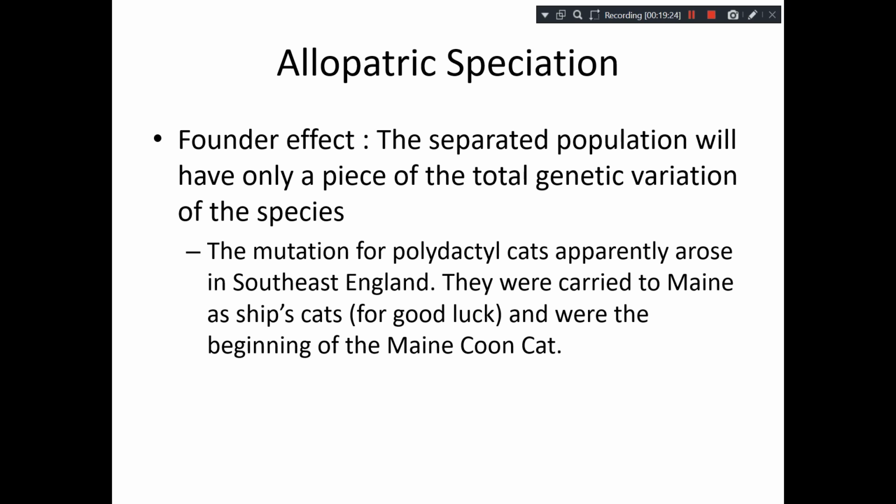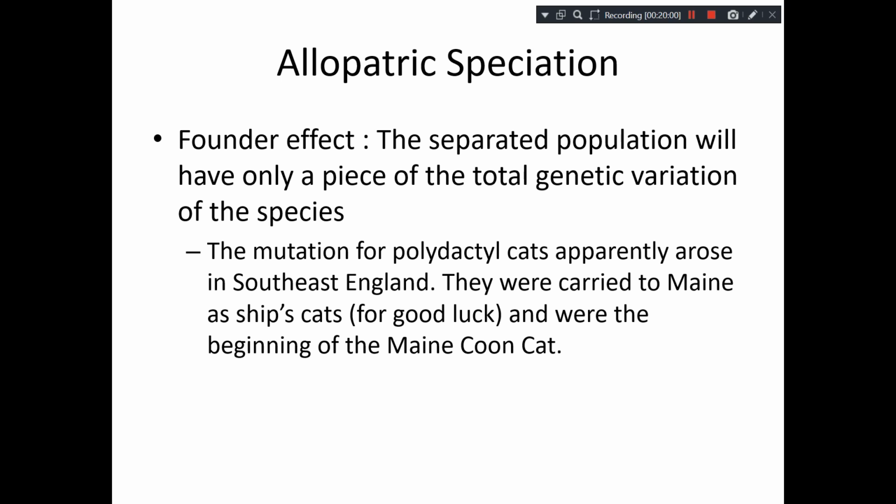Who are the founders? The members which have migrated to a new land and colonized, they are known as founders. The first generation, which have separated from the mainland or main population and moved somewhere else and got colonized there, they are called founders. This separated population will have only a piece of the total genetical variation of the species.